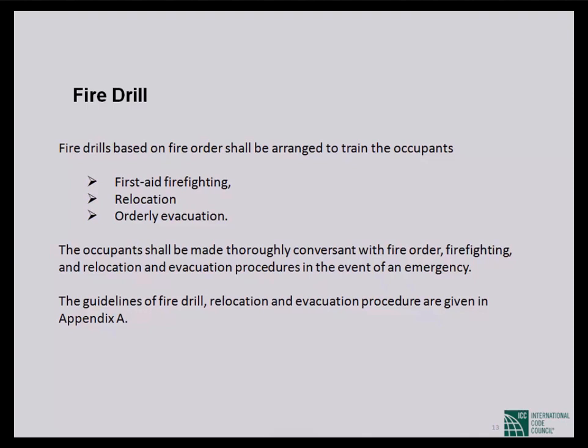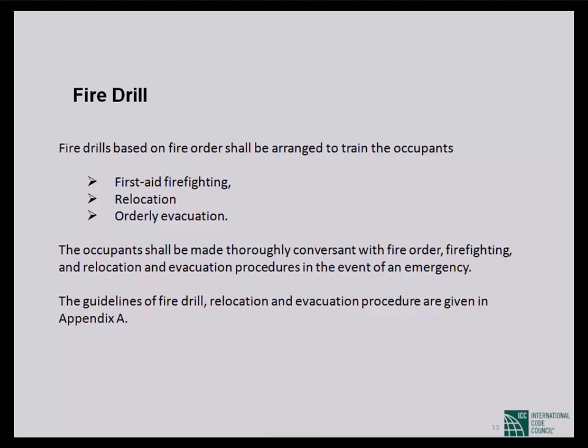First aid means that which is done by the inmates of the building, not the professional firefighters. That is the hydrant system, which can be handled by the inmates or inhabitants of the building. They can fight primarily. We call this first aid firefighting. It can be with the hydrants, it can be with the portable fire extinguisher.